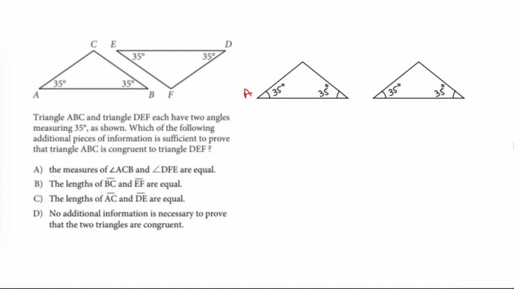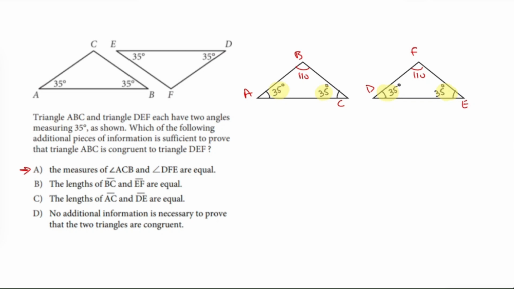So we have the triangles ABC and DFE. When two angles are 35 degrees, the third angle must be 110 degrees, because angle measures always add up to 180.